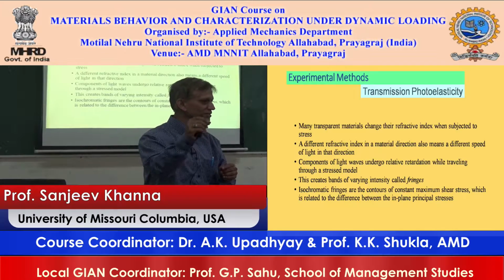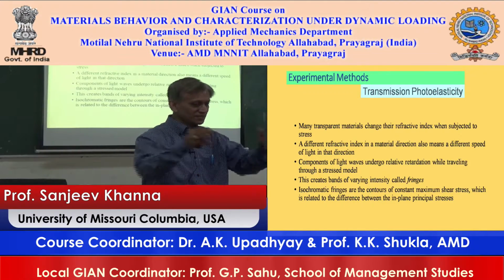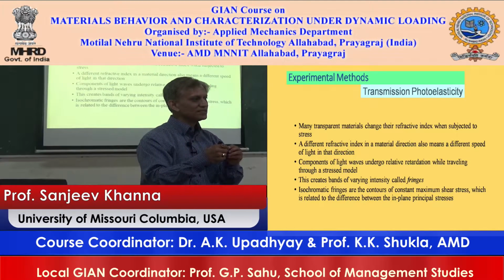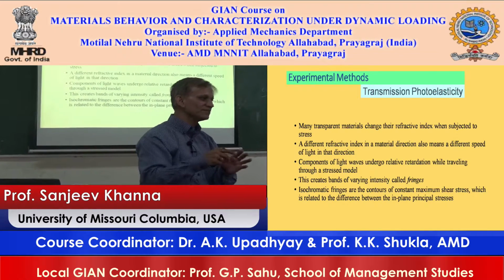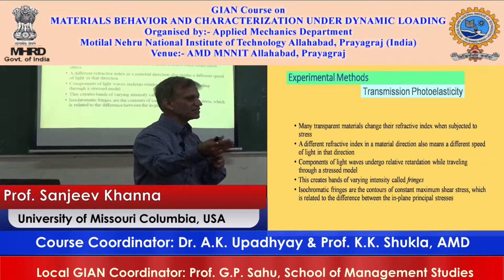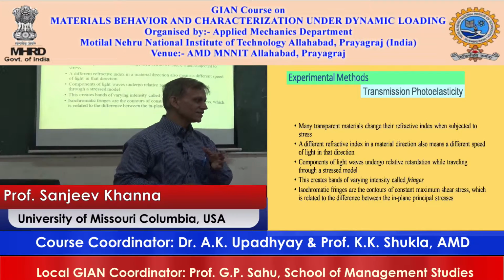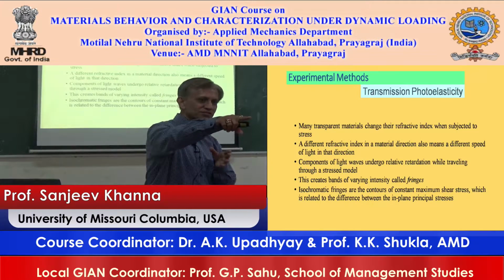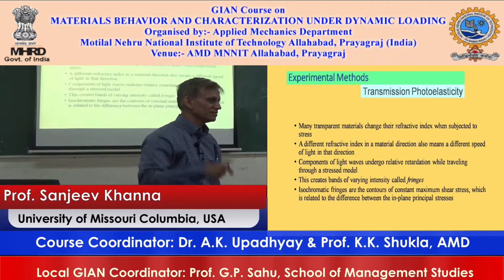So if a collimated beam of light is coming through, each point will come out on the other side a little different because of the difference in the refractive index. If this light beam is one below that, it will go at a slight angle this way, the other will go the other way.